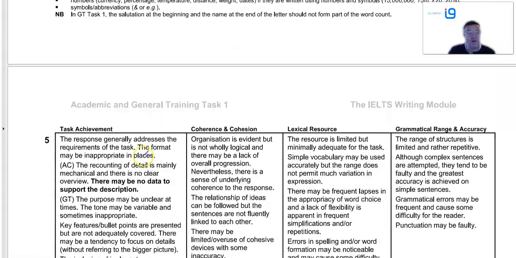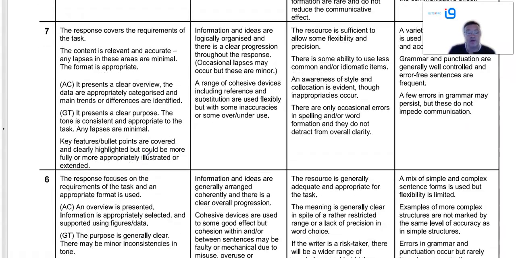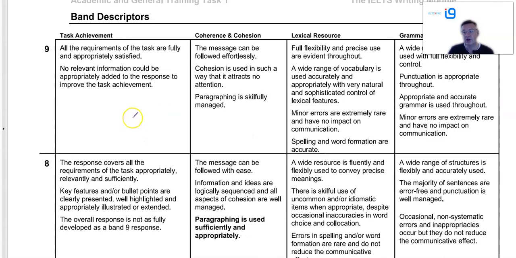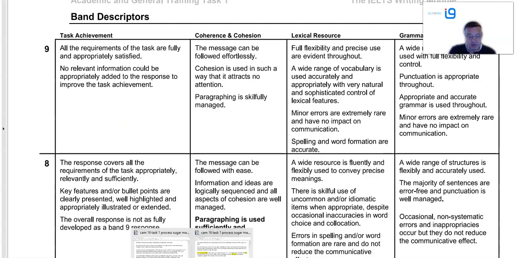So, as before, we need the introduction and we need a clear overview. Now, this one is relatively straightforward. You know, the main trends here, it's just the different stages. The 7 stages, which includes blah, blah, blah, and that's it. Okay, so let's have a look.